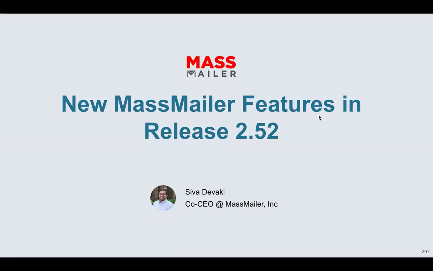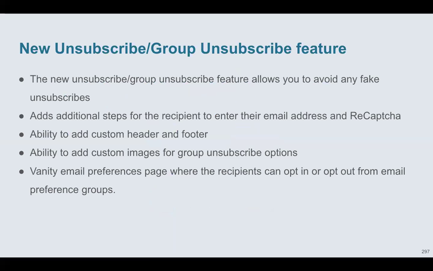I'm actually going to get into the new features that MassMailer is going to have in the upcoming release called 2.52. First and foremost, I'm sure if you have been using MassMailer, you must have experienced the fake events. Fake events meaning bot events is the right word to say.